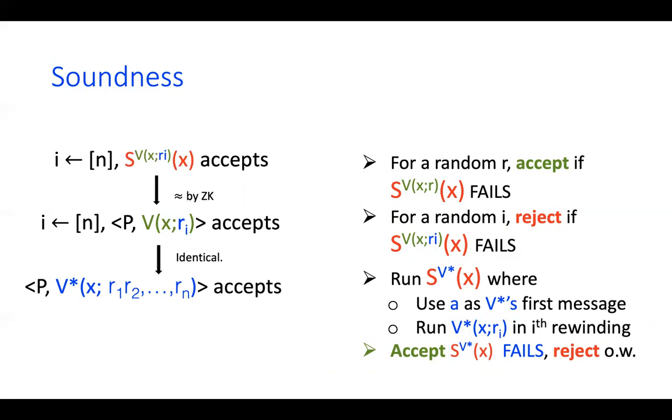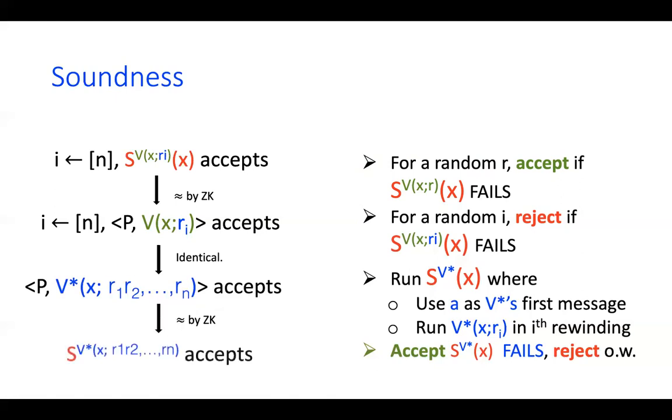In the previous step, I picked the random tape ahead of time at random and fixed the honest verifier. But in the second step, it is a malicious verifier that picks one of these at random in the execution. But from an honest prover transcript point of view, these 2 distributions have to be identical. So then again, if it accepts in the previous one, this prover with this malicious verifier must accept.